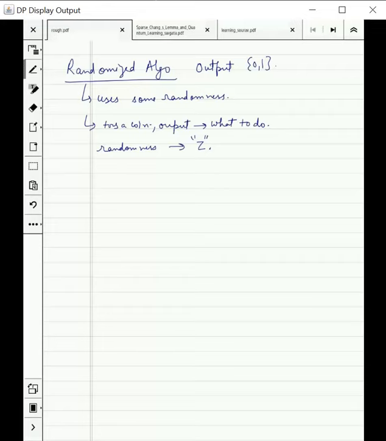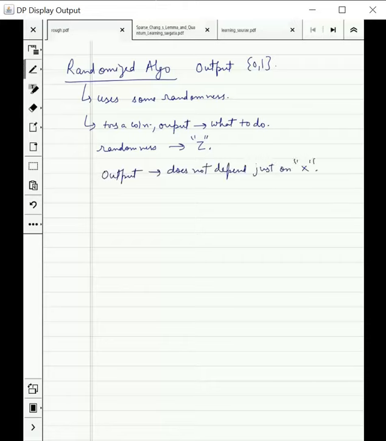The important point is the output does not depend just on X. Okay, so this is something which is very counterintuitive from whatever algorithms we have seen.